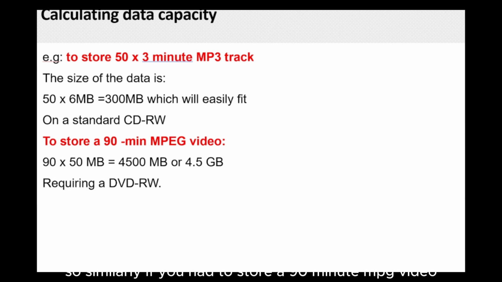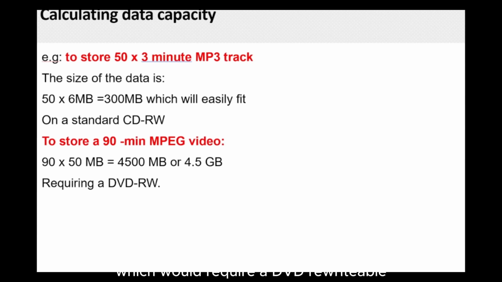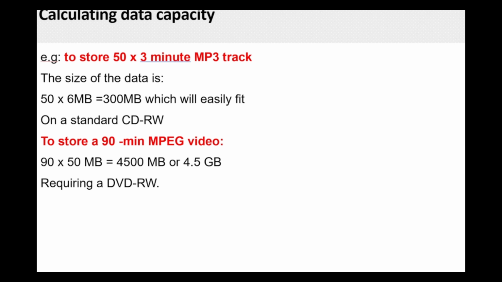Similarly, if you had to store a 90-minute MPG video, you would do 90 multiplied by 50 equals 4,500 megabytes or 4.5 gigabyte, which would require a DVD rewritable.